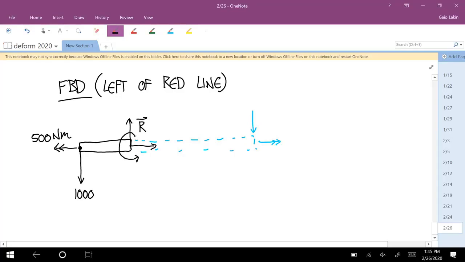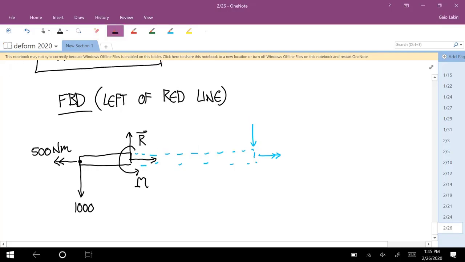And then a couple, I'll call that M. And then a torque about the x-axis that I'll call fancy T. It's just the different axes.